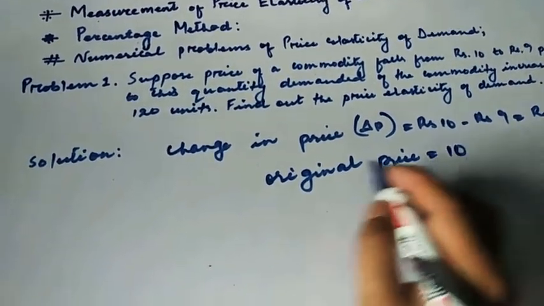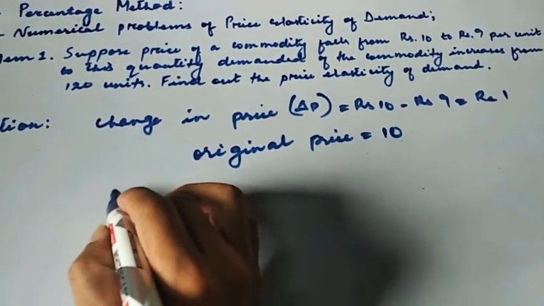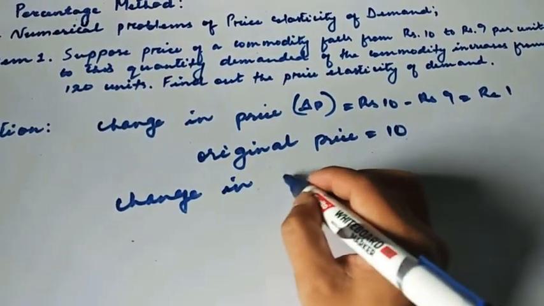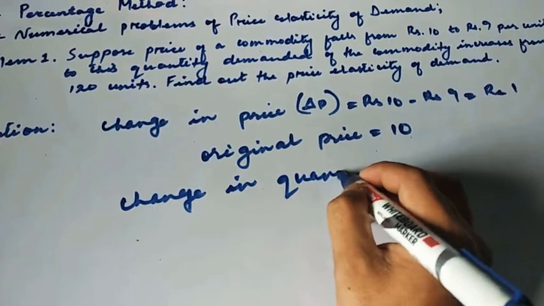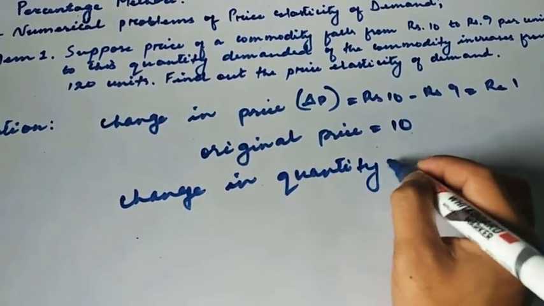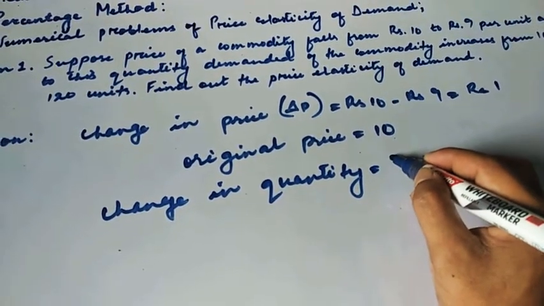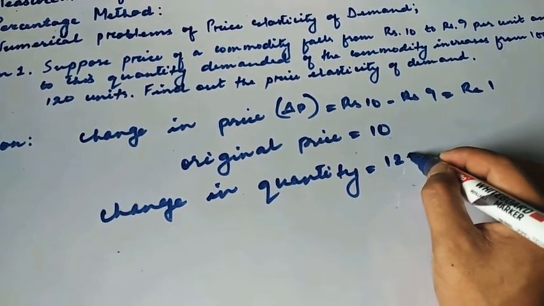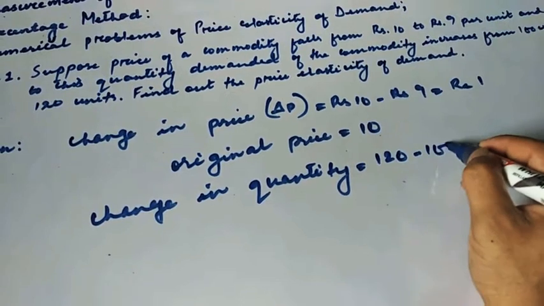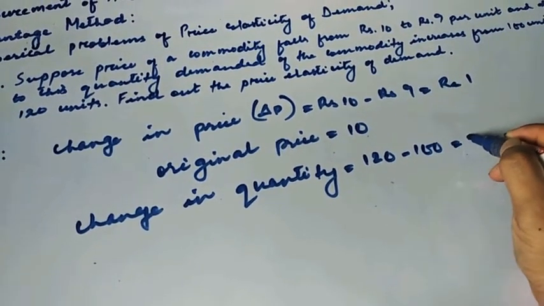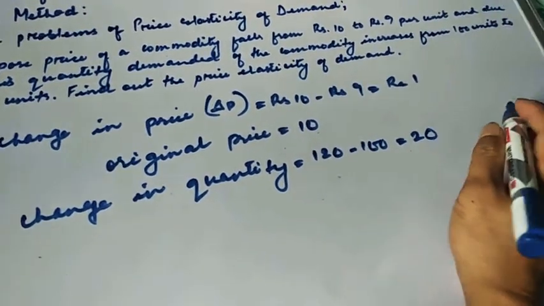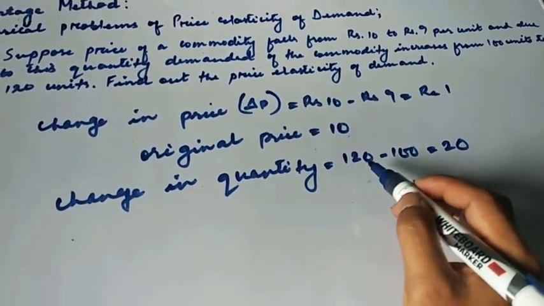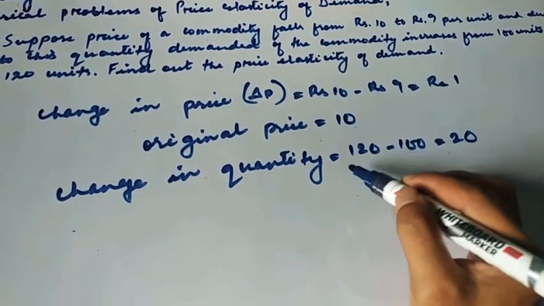And what is the change in quantity? Earlier he was demanding 100 units, but when there is a fall in price, he is demanding 120 units.